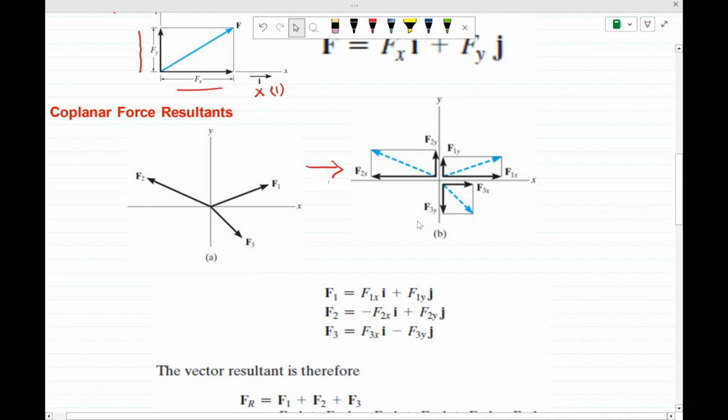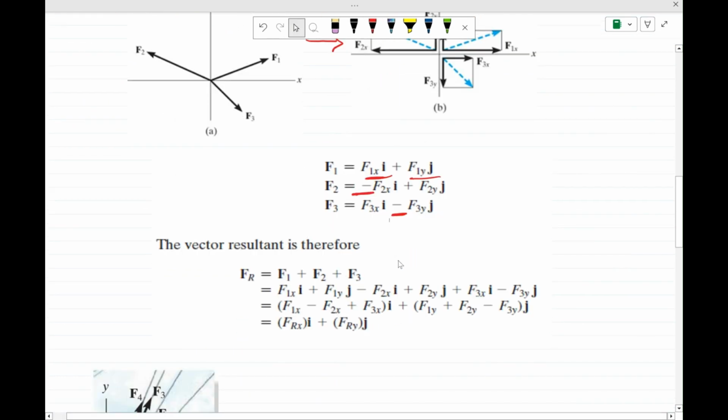Now, F1, when we resolve it into x and y components, is F1x i plus F1y j. We will do the same thing for F2, but paying attention again to the sign. F2 is on the negative x axis. The same for F3, paying attention to the negative sign, because it's on the negative y axis.